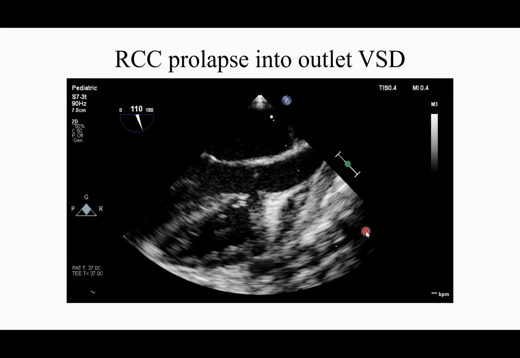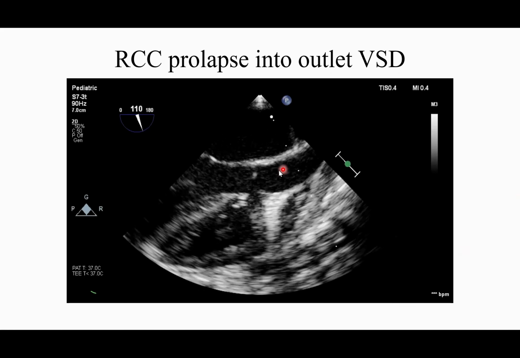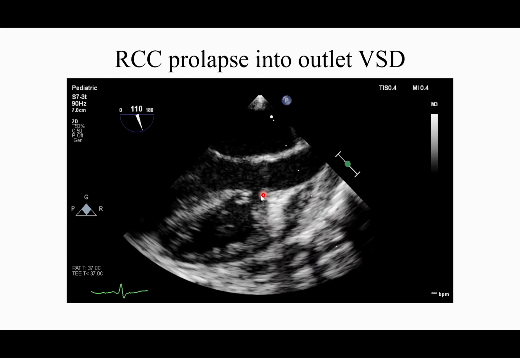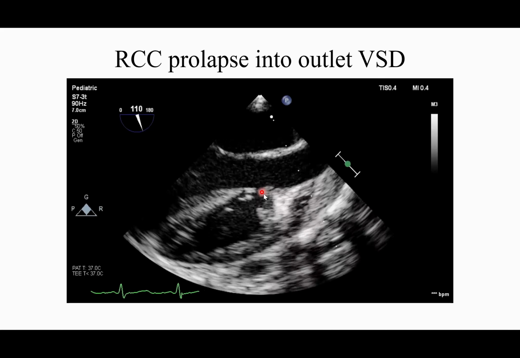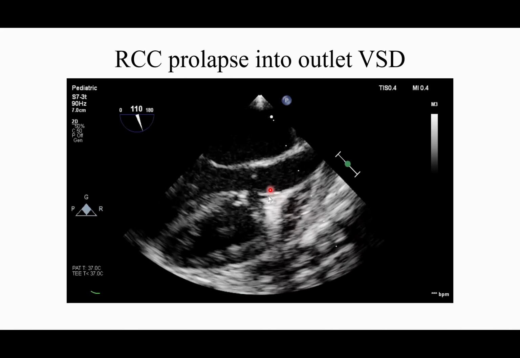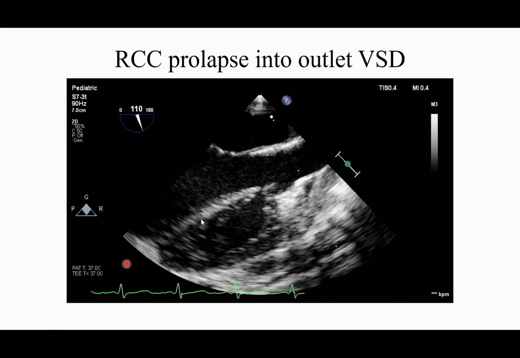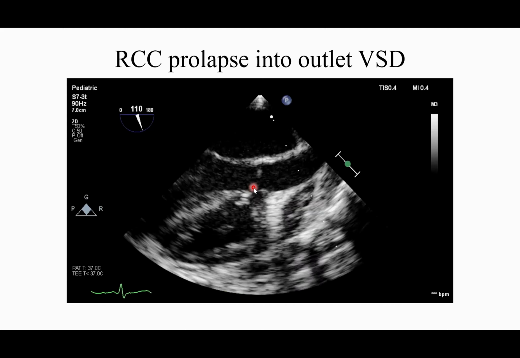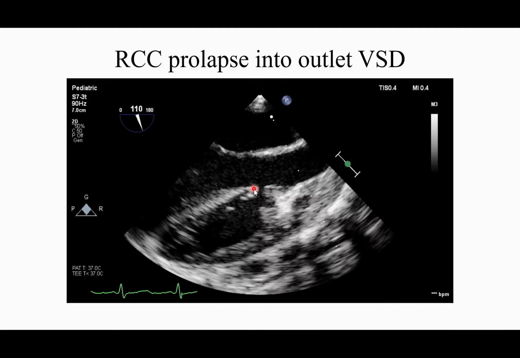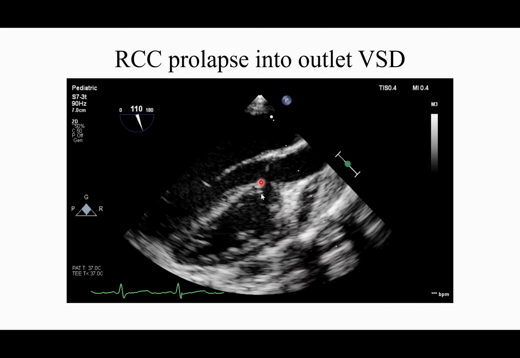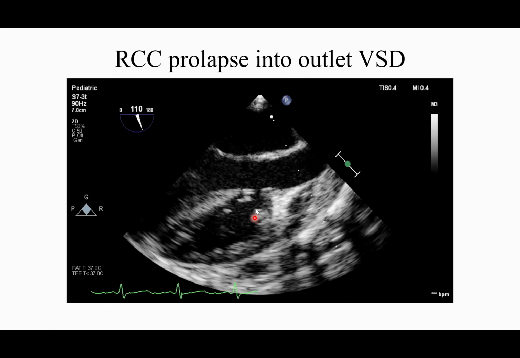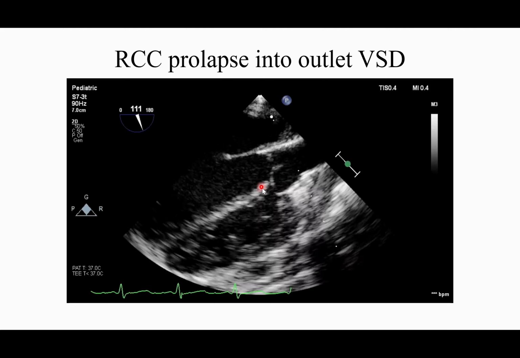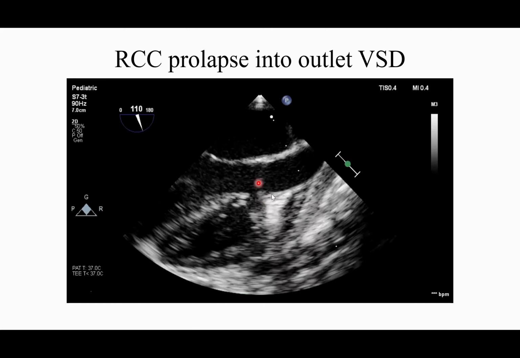This is a case of right coronary cusp prolapse through the VSD in an outlet VSD. If you can see the right coronary cusp is bulging towards the VSD, narrowing it more than it should, because the original size of the VSD is from here, from the annulus to the tip of the defect, but the actual orifice through which the blood can pass is narrower than the length or the diameter of the VSD.